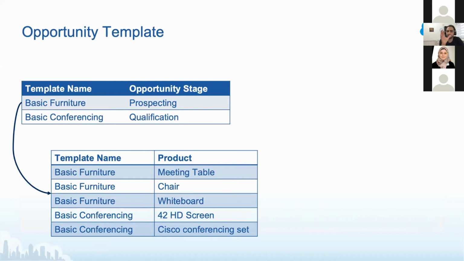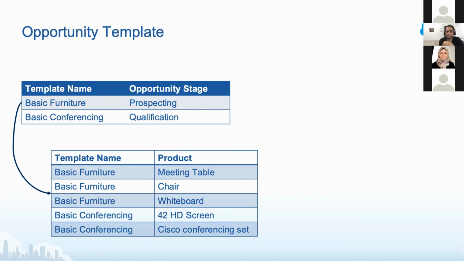Opportunity templates that are mentioned in the requirement, we can model this by two tables. The first table mentions the template name and the corresponding opportunity stage that we want to create the opportunity with. And there are some related products to the template. So for the basic furniture, we have 3 products associated to it.